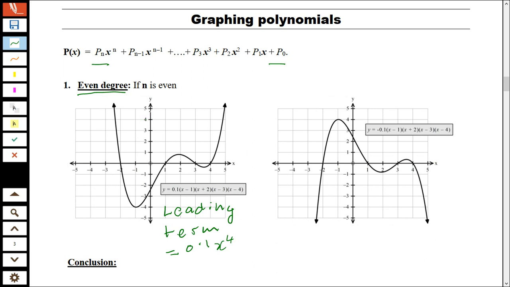Now, have a look where the ends of the function begin and end. So here's one end, here's another end. Now, it ends in the first quadrant. It begins in the second quadrant.